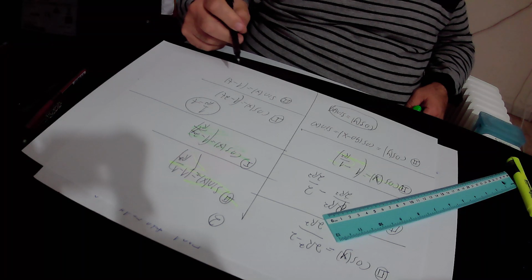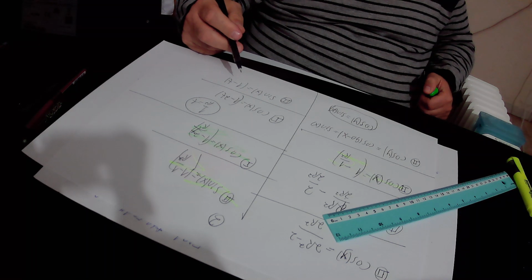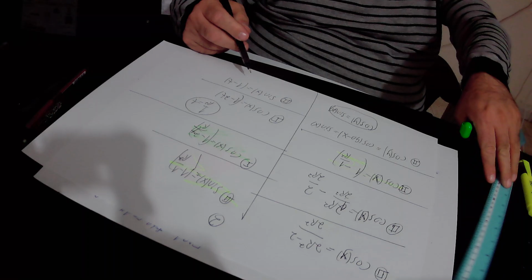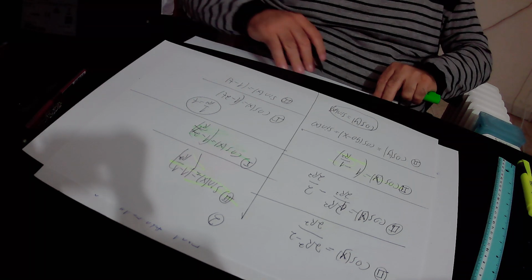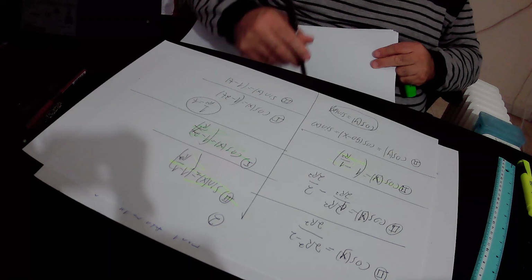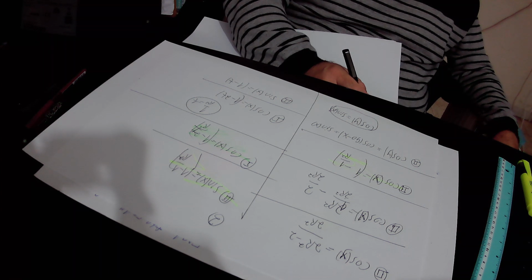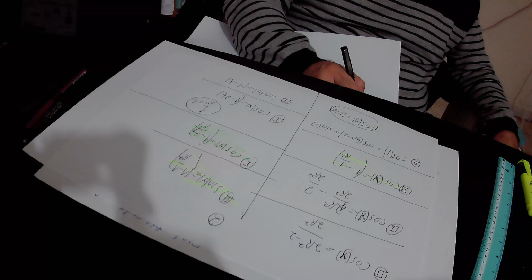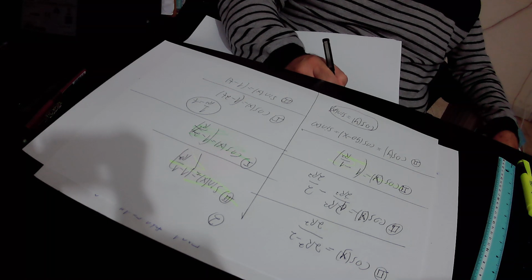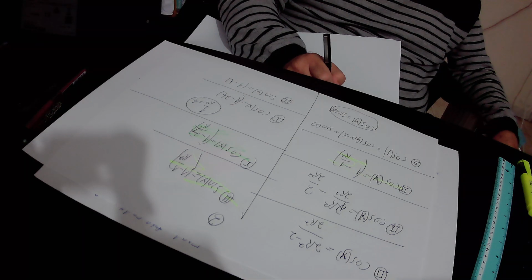And according to equation number 1, we found out that cosine x equals 1 minus 2t. We'll use the trigonometric identity that states that sine square x plus cosine square x equals 1.